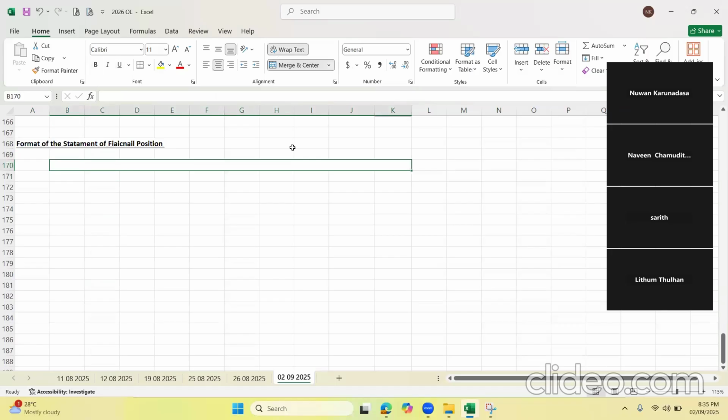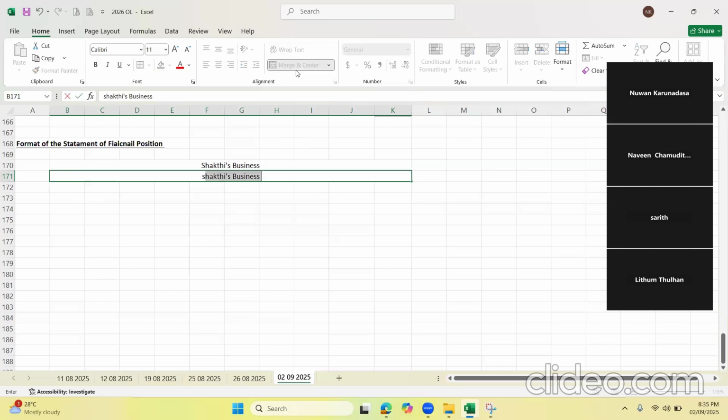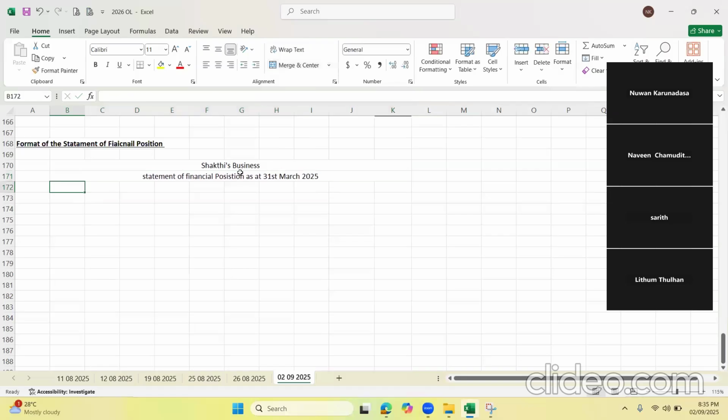We'll take the business name is again Shakti. Statement of financial position as at 31st March, we'll say 2025.